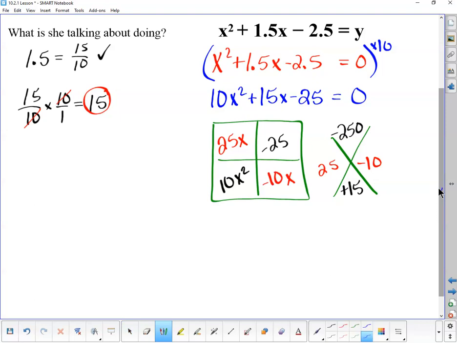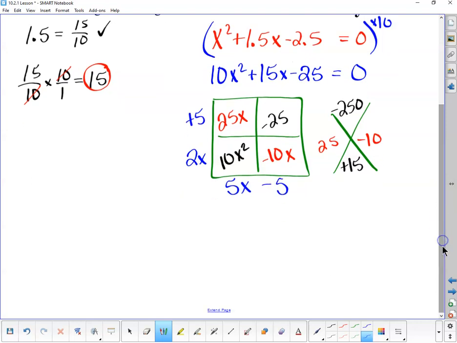And then if we want to get the factors that create the area model, we could say, okay, well, let's take a 5x here, which would mean this would have to be 2x. So 2 times 5 is 10x times x squared. Then we would go with a plus 5 and then a minus 5, and we have our factors.